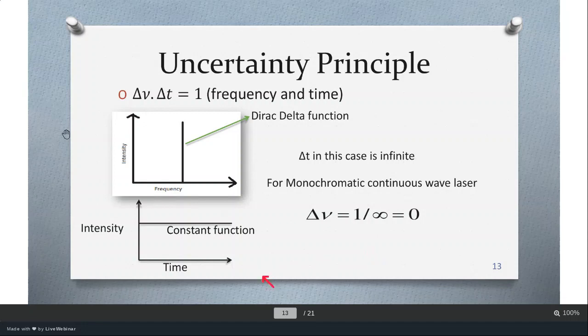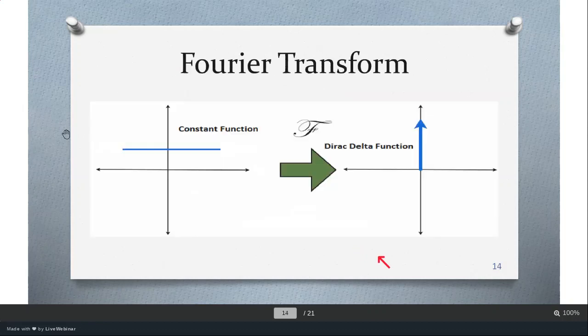In the previous slide we saw that the lens takes the constant function to the Dirac delta function, or the Dirac delta function to the constant function. And in this case, the laser, which we use everywhere nowadays, we can see a similar thing. So what is the connection?